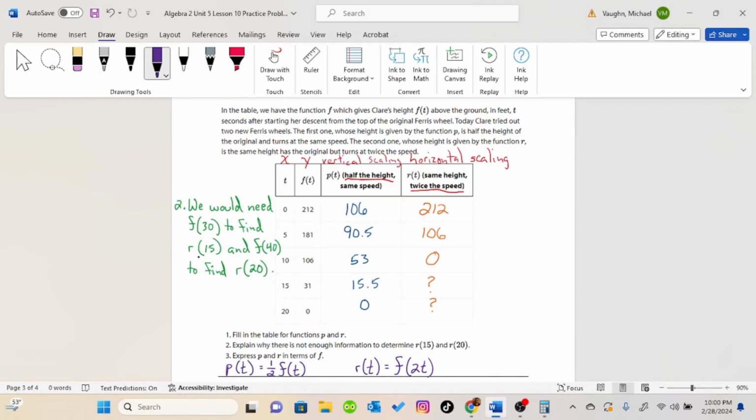Because P of T was a vertical scaling, so we multiply F of T by 1/2. But R of T was a horizontal scaling, so we had to find F of 2 times T.